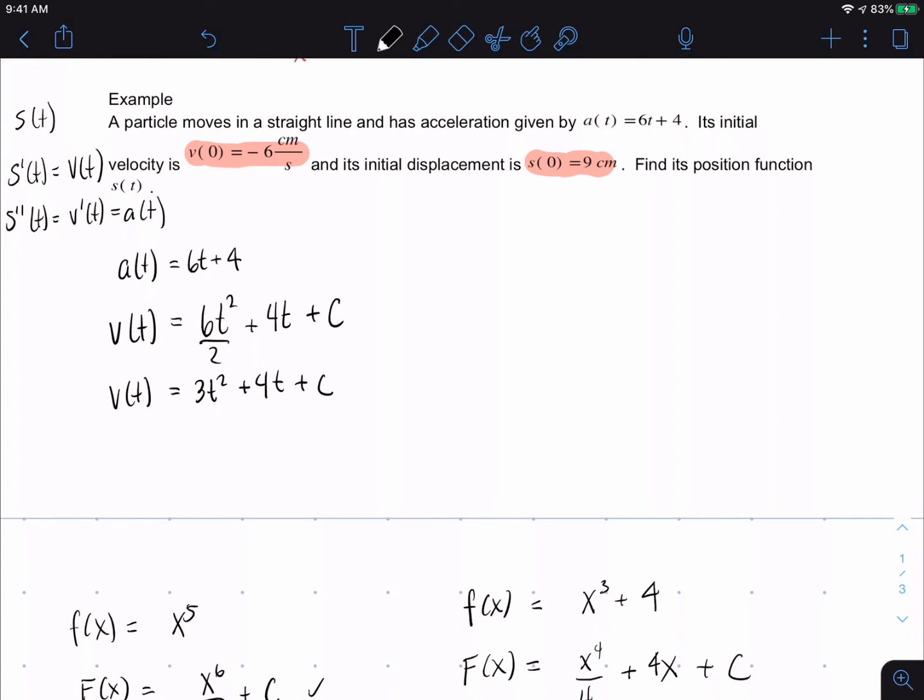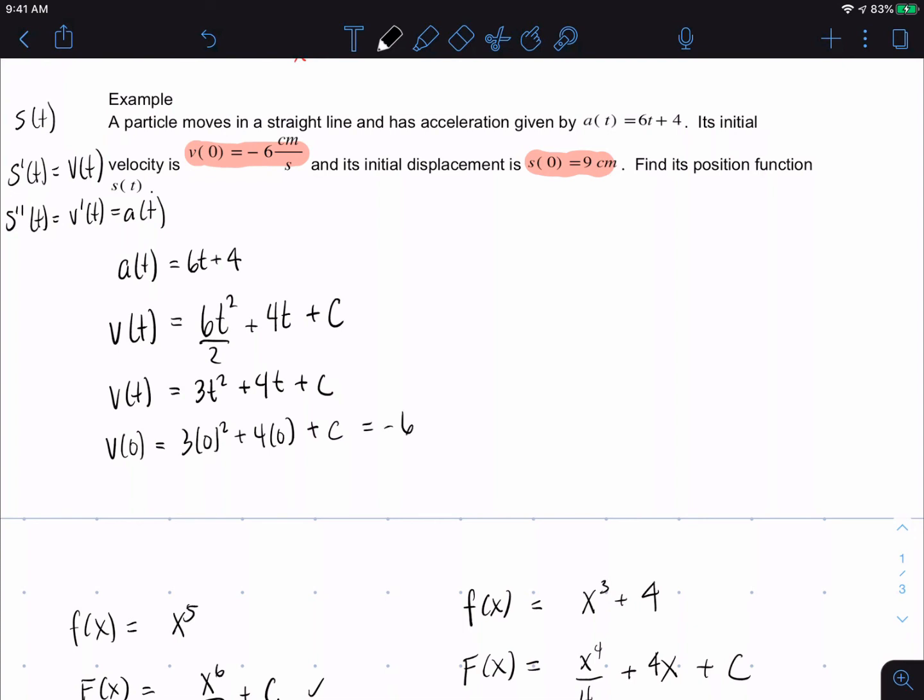Now, when we get to this point, they've told me something about velocity. In the problem, they told me that when time is 0, we have a velocity of negative 6 centimeters per second. So I'm going to use that information to find my constant. v of 0 is 3 times 0 squared plus 4 times 0 plus some constant, and that should equal negative 6.